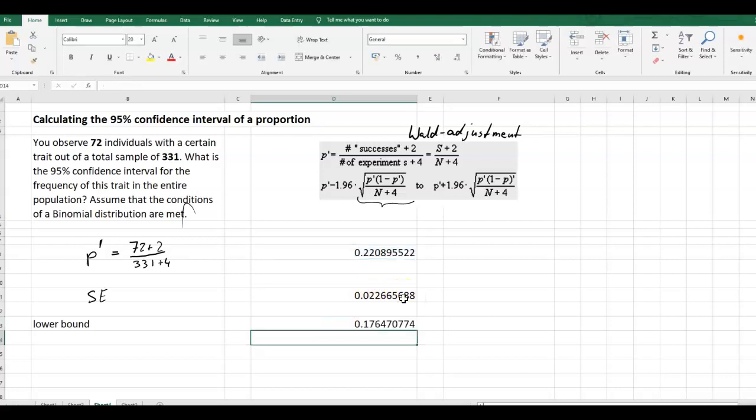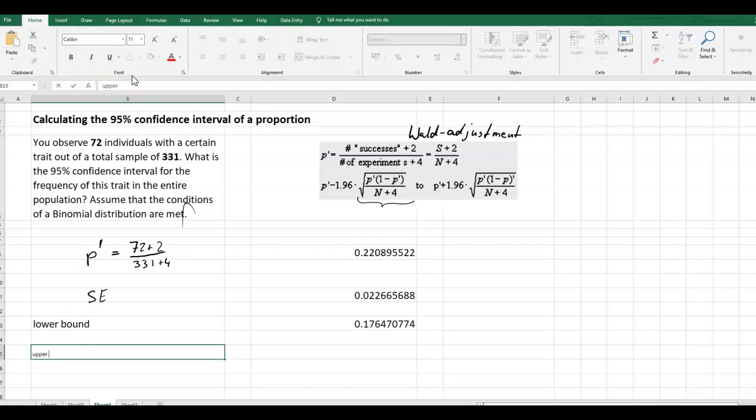That's this one here. So that gives us 0.1764. And for the upper bound, you make this a little bit larger so we can see it properly.